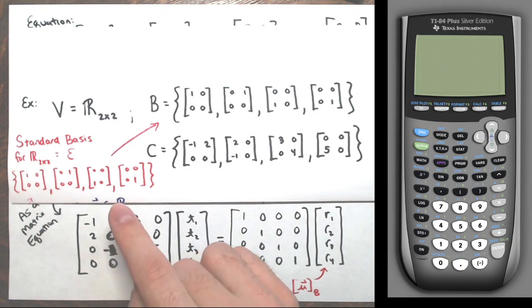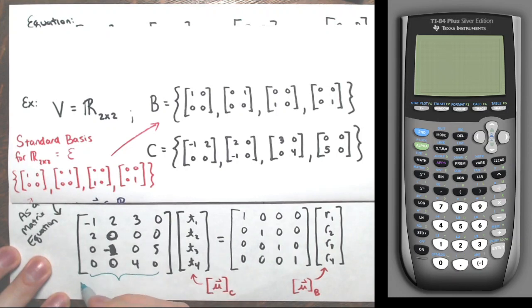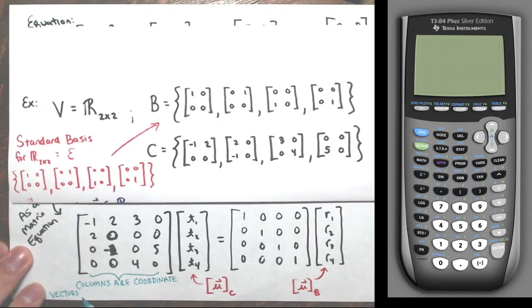So these columns, and you could have stated that, I guess, for when we were in Euclidean space as well, these columns are the coordinates, or the coordinate vectors, of the vectors in basis C relative to the standard basis.